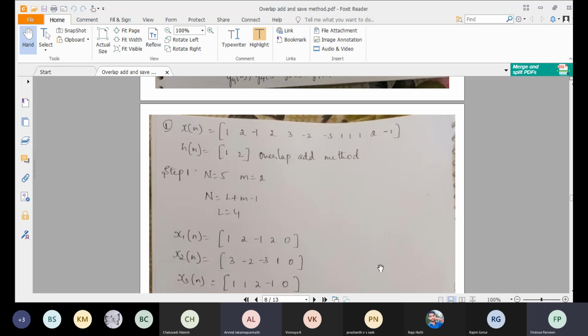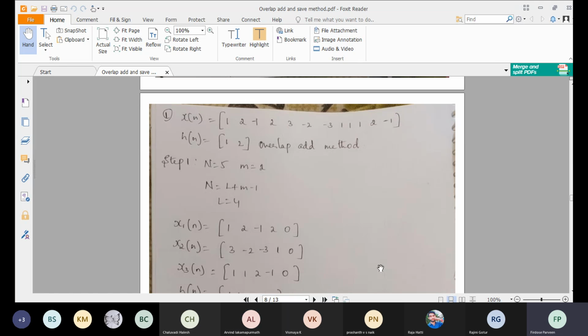So next will be your overlap add method. Again the same, they have given the sequence and they have given the impulse response 1, 2. Here in this we will add zeros at the last and will not repeat the previous sequence.